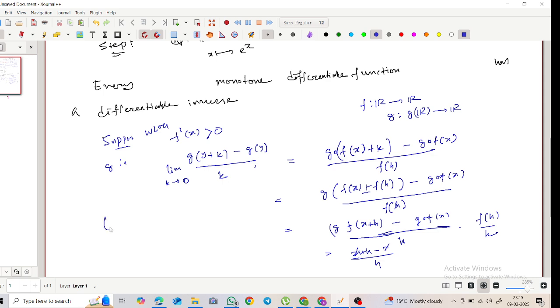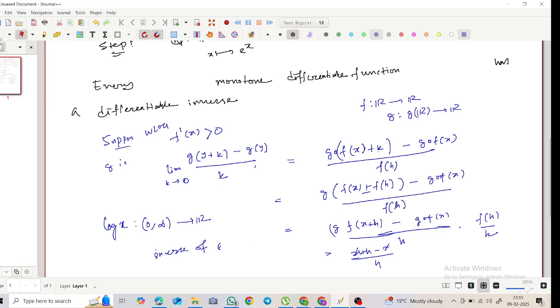So that's how we define log x. I mean, we define log x from 0 to infinity to R by the inverse of e to the power x. That's how we define log x.